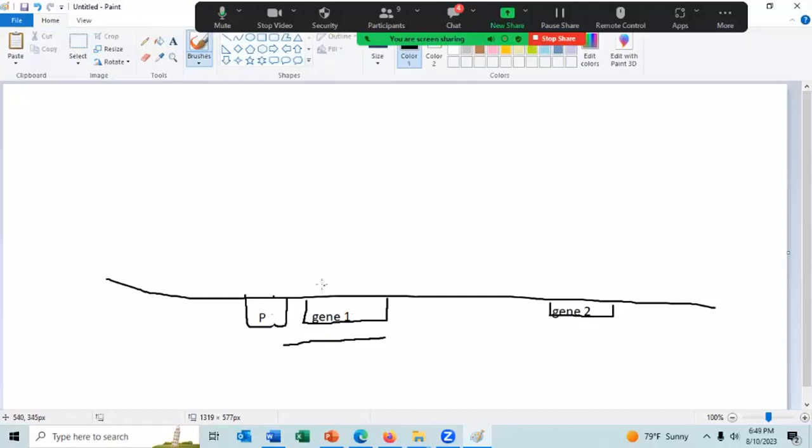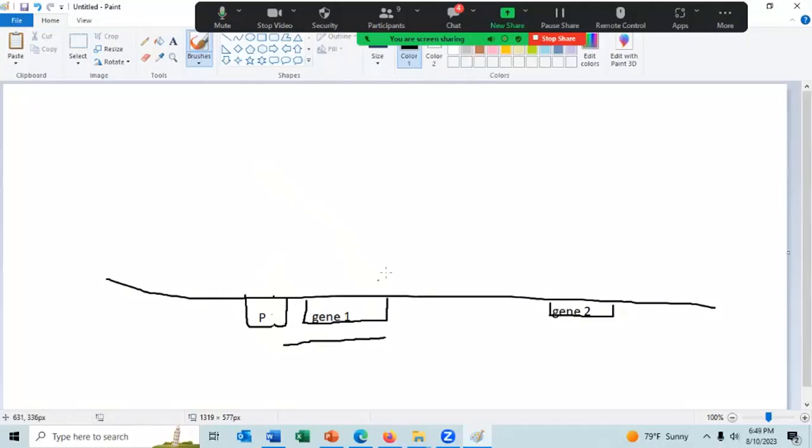I didn't mention it, but transcription and replication only happen on single-stranded DNA. So you do have to open up this DNA with a helicase before it can be transcribed. Then the RNA polymerase binds the promoter and begins transcribing the DNA, making RNA.